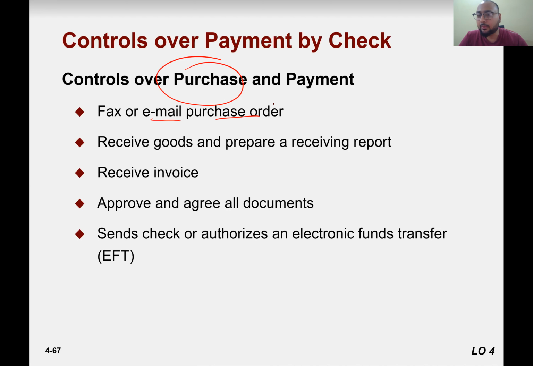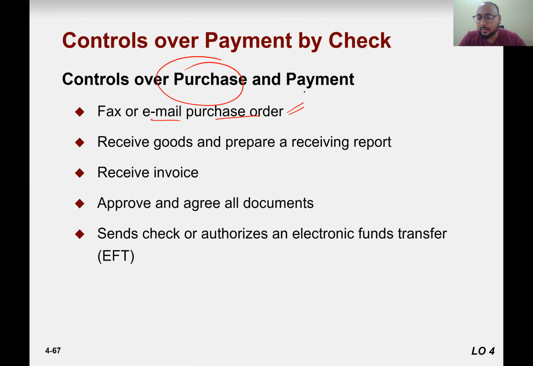So why are we doing this? Because this provides two benefits: whether we are able to pay the money according to the purchase order, whether we have that money in our bank account or not. Plus, this also gives you a control over where payments are going and to whom.